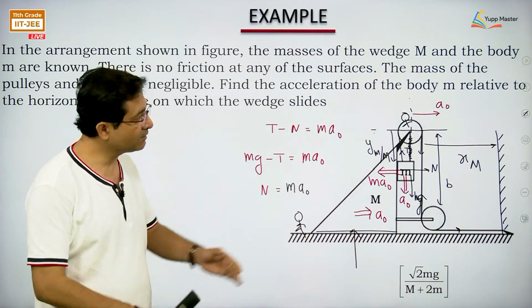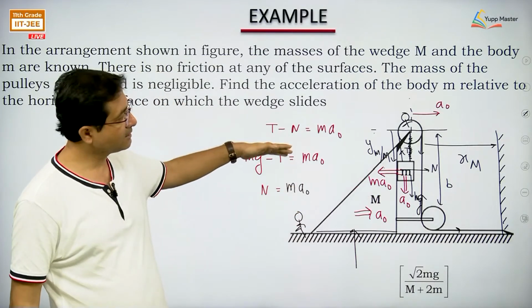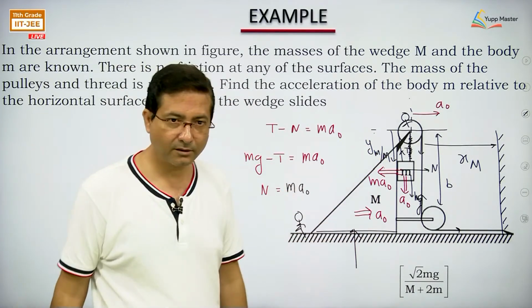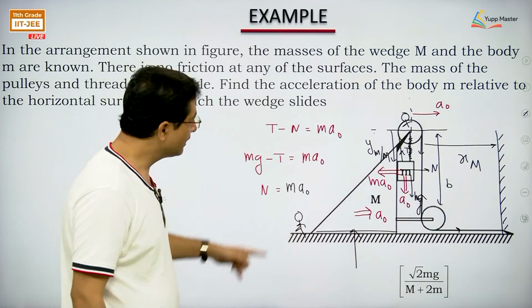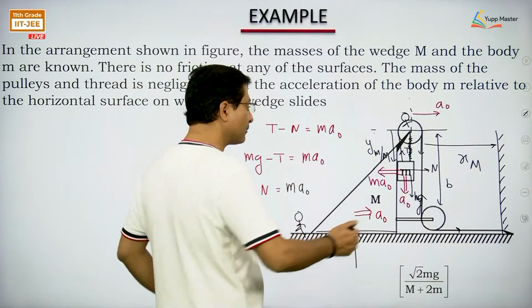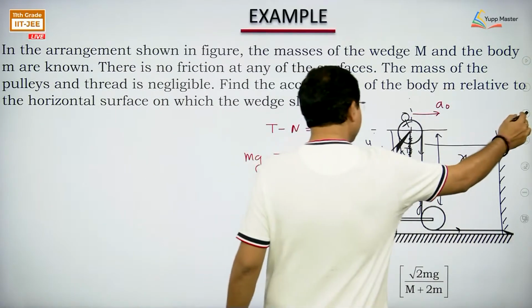Newton's first law in this direction and Newton's second law in this direction. So these are the three equations we made, and this was for the wedge whose mass was capital M. So I will write capital M over here.